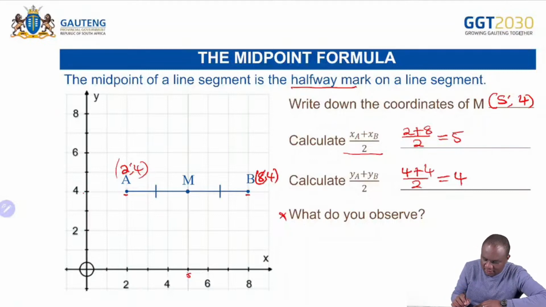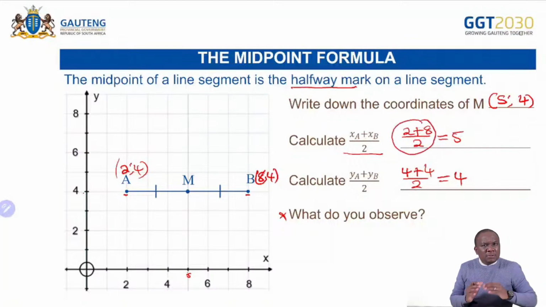The average. Remember I said we're going to use statistics today. The mean of the x coordinates. How do you find the mean? We add the data items and then divide by the number of those data items, isn't it? So we're adding the x coordinate of A and the x coordinate of B, and then dividing by 2.